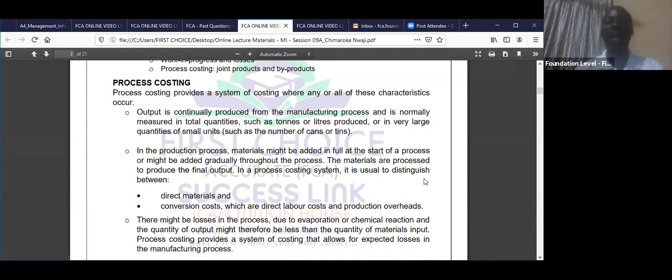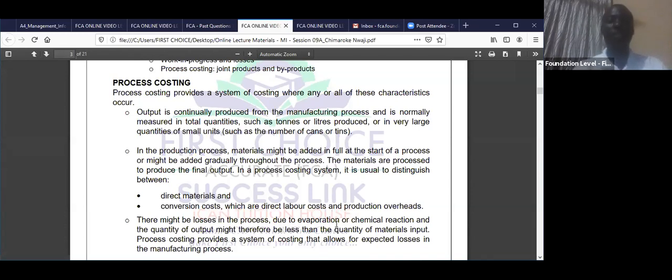Conversion costs are direct labor cost and the production overhead. So direct material sitting on its own, then labor and production overhead are called conversion costs. So you may not really be seeing labor costs and production overhead. You may be seeing conversion costs. Just know that when you see that, it refers to these things.